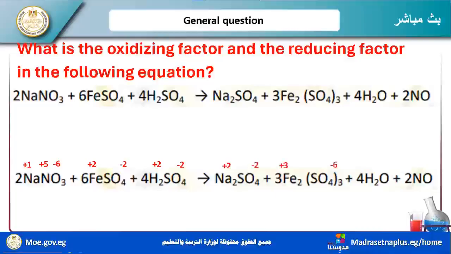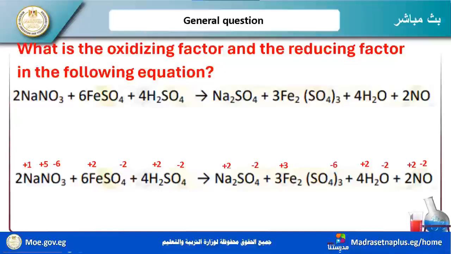Now we have SO4 -2 times 3 equal to -6, so Fe equal to +6 divided by 2 equal to +3. In H2O, oxygen is -2, hydrogen is +2 divided by 2 equal to +1. In NO, oxygen is -2, nitrogen is +2.